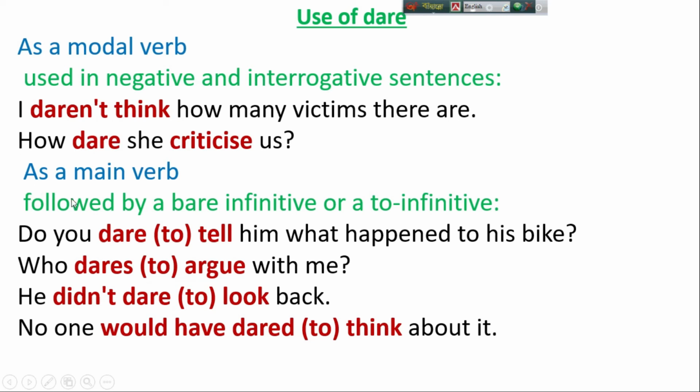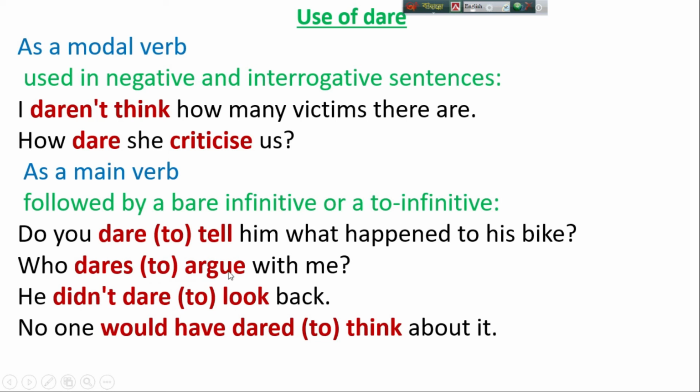Dare as a main verb, followed by the bare infinitive or to infinitive. Do you dare to tell him what happened to his bike? Here dare is the main verb. You can use to, that means the to infinitive, or without to as a bare infinitive. Here do helps it to make the interrogative sentence.